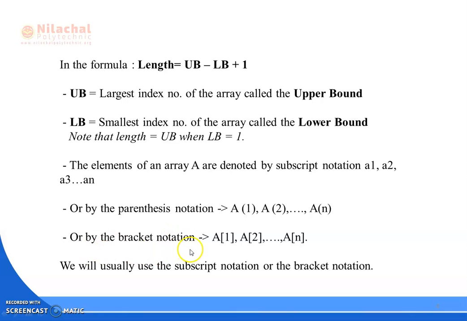Else it can also be noted in bracket form, that is the name of the array A and in square brackets the index or position of the array. So we will usually be using the subscript notation or bracket notation to represent the array.